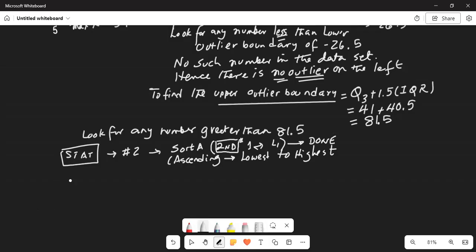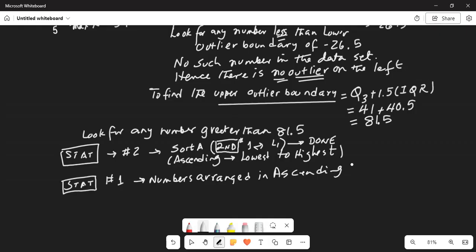How do I find that out? Again, press the stat button, then number 1. And indeed, the numbers are arranged in ascending order, lowest to highest.